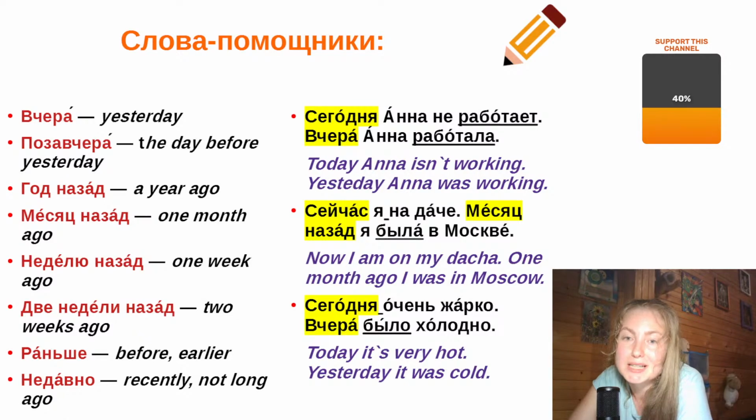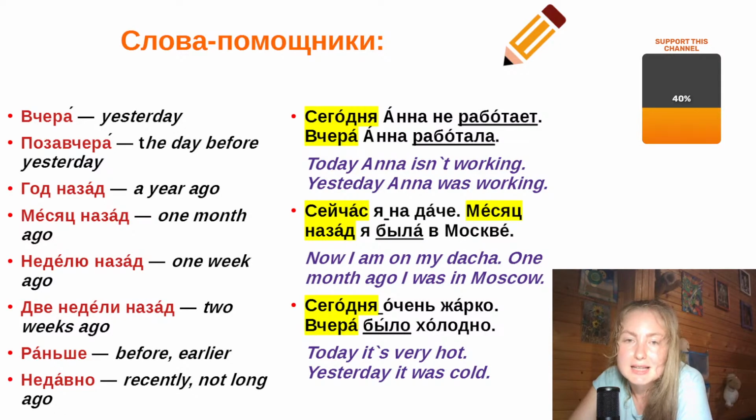We use it only in the past or in the future. That's why in the present tense, сейчас я на даче, there will be no verbs. Only in the past tense, like месяц назад я была в Москве. So months ago I was in Moscow.